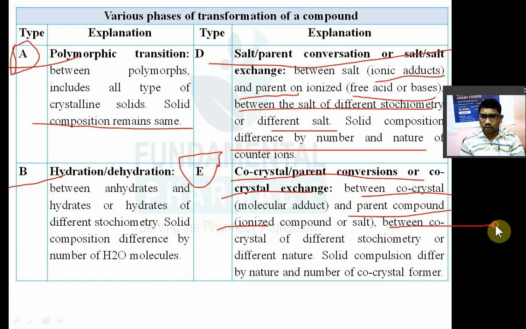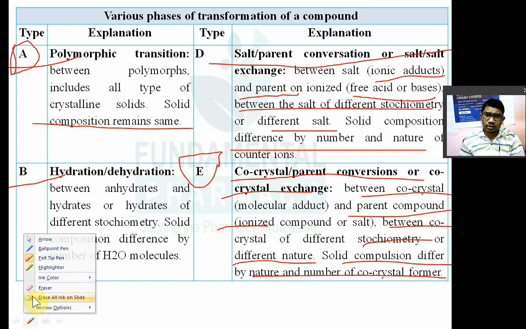Again, transition between co-crystals of different stoichiometry or different nature, transition between different natures of crystal. Here again the solid composition differs by nature and number of co-crystal form. Okay, so these are the different phases of molecular or compound transformation.